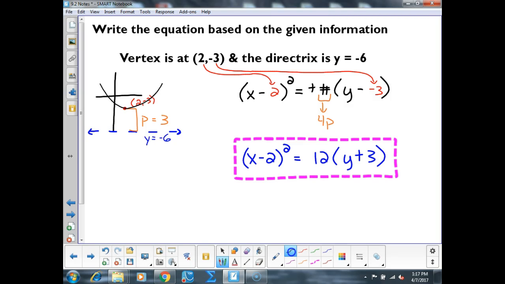It's going to open up. Again, we're just asking for the equation. If it were graph the function, yes, you'd have to do more.